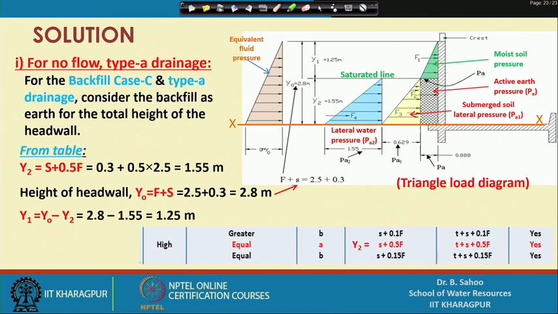The pressure forces are generally estimated as pressure equal to gamma into h, you know this. H is the height of any soil fill or water, gamma is the specific weight. Then you have to estimate the pressure diagram, the pressure triangle, and the area of this pressure triangle.